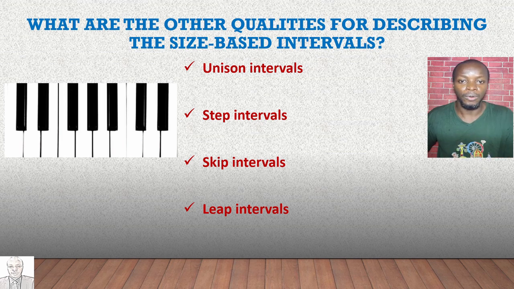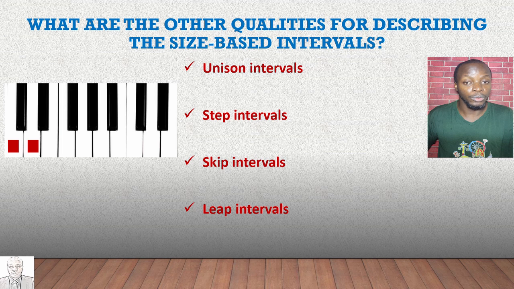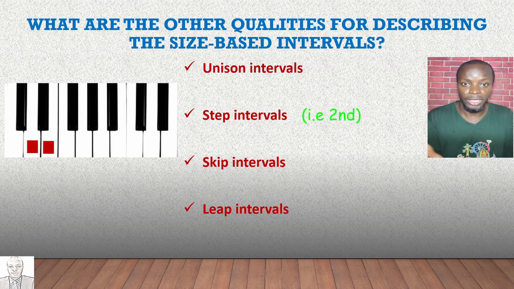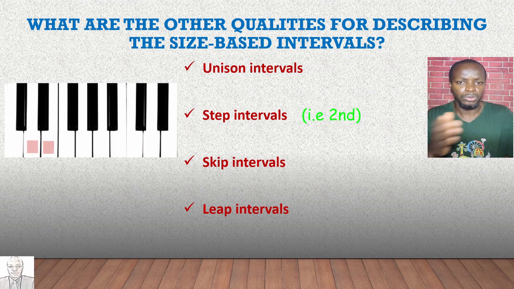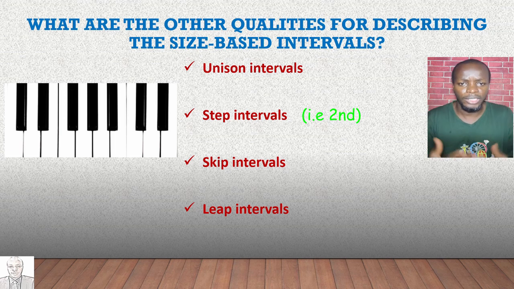Do, ti, or do, re, that is going up a step. It could be re, mi, it could be re, do, it could be mi, fa, it could be mi, re, all along like that. So when you see notes this way, you're practically referring to an interval of a second. So that is a step interval, right? Think of do, ti, going up, la, ti, la, so, fa, or so, la. All these intervals are intervals of a step. And you say they are actually seconds, right?